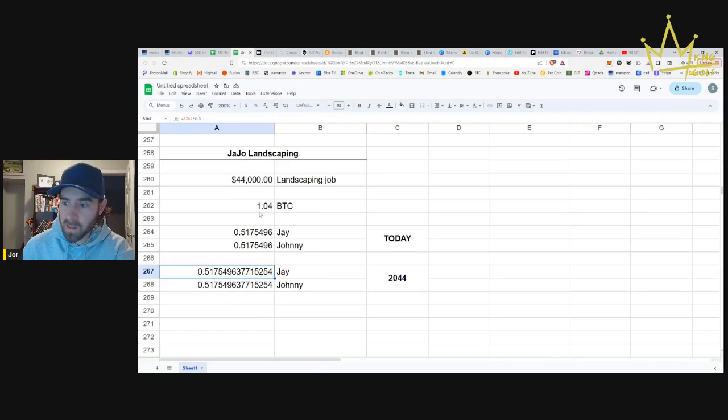So now it turned into 0.517549637715254. The key there is that the Bitcoin didn't increase. The value didn't change. We just moved the decimal place. It's the exact same number.